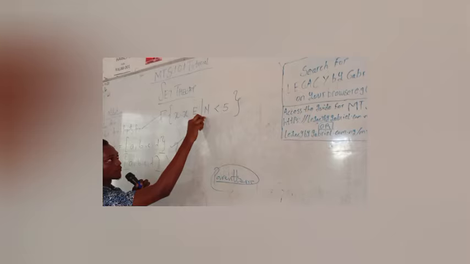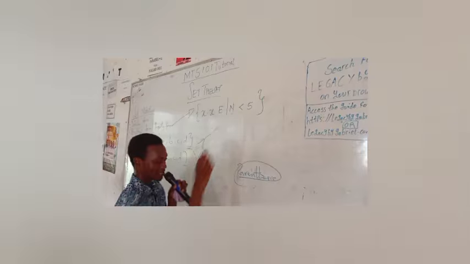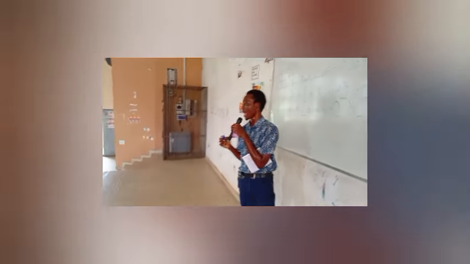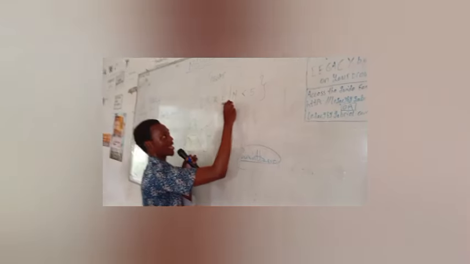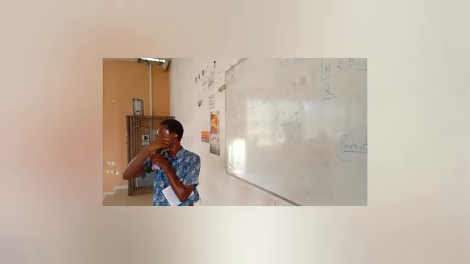So X is an element of what? Numbers less than 5, correct. In some cases, this big N, mostly in other sets, is known as natural numbers. And in some cases you might not see this N, it might be this R you see. What does R mean?